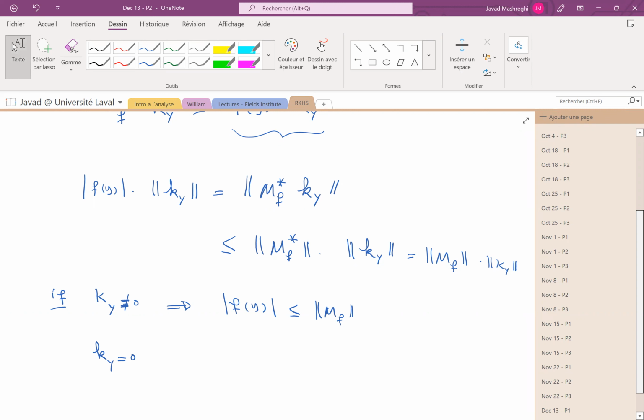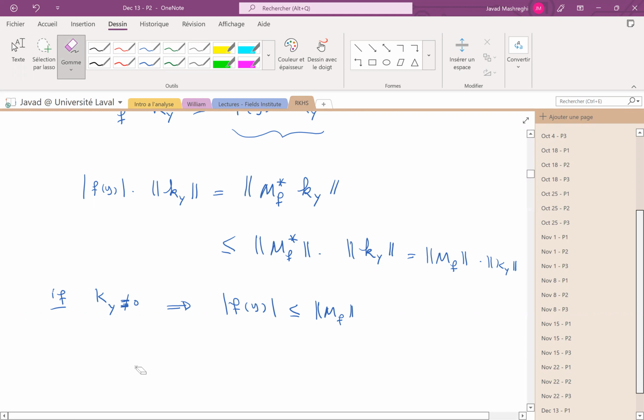In the book, it's written just this part. But in many function spaces, the multiplier is a subset of the space because the constant functions are in this space. And in that case, if K_y is 0, F(y) is 0, and this is automatically true. But let's stay with the general setting and not assume that the constant is there.